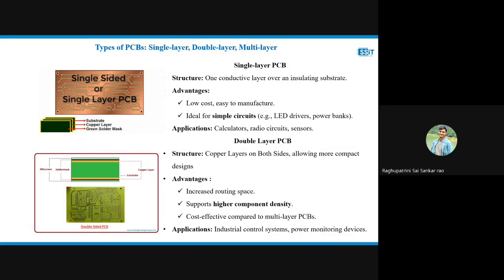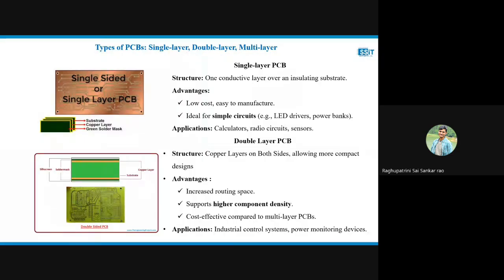But in the single layer PCB, the routing will always be on one side. A simple thumb rule is that the number of layers is equal to the number of track layers. The same thing.